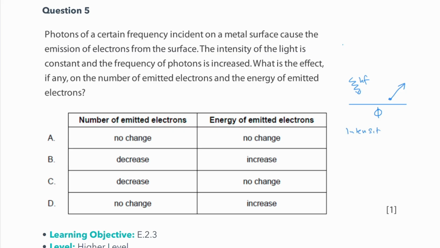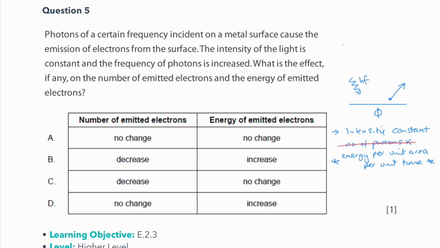What is intensity? A lot of students think that the intensity is the number of photons. Instead, the intensity is the energy per unit area per unit time, and we need to bear that in mind as we go through this question.